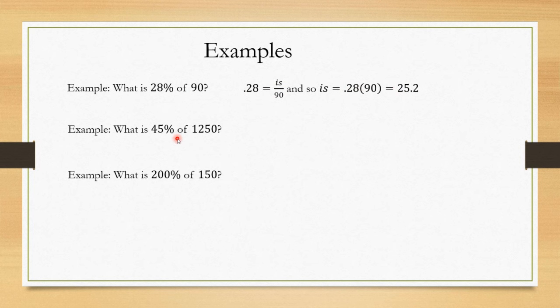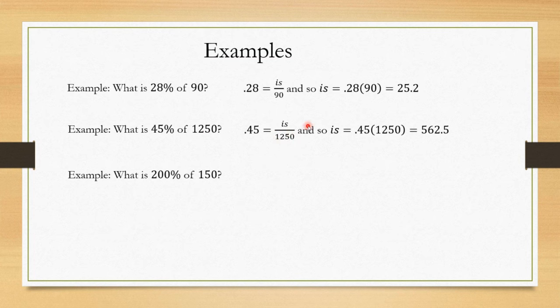So for the next one here, we have 45% of 1,250. Same idea: the is is what we're looking for. We know our percent, that's here, written as a decimal, and of, the number, is here.